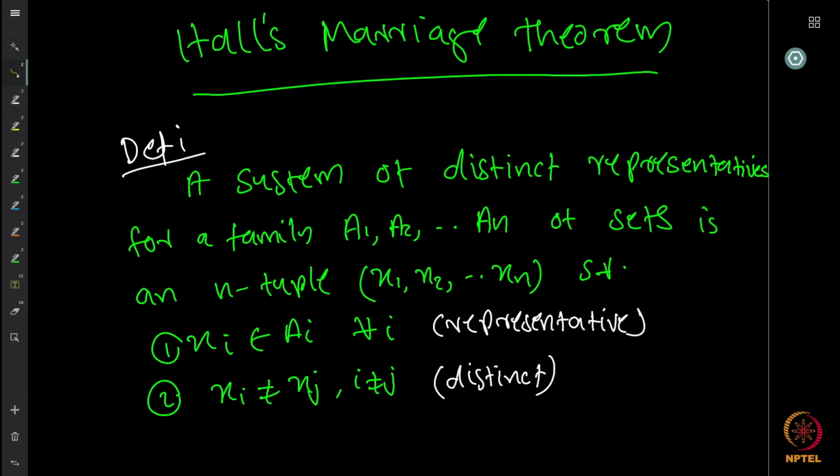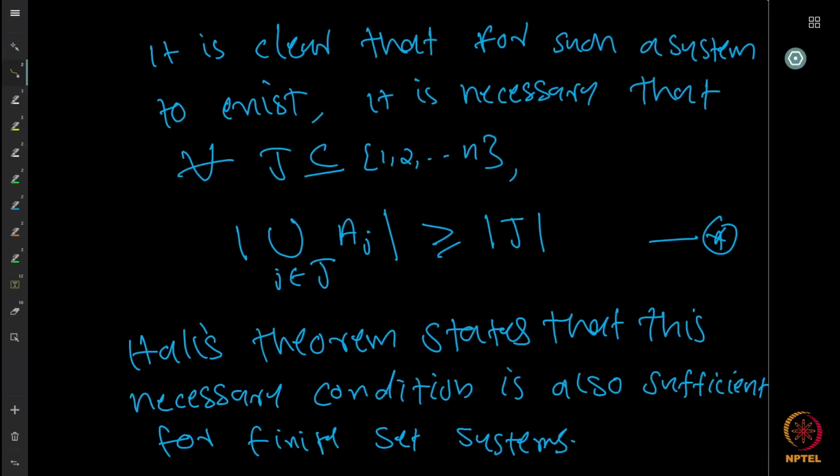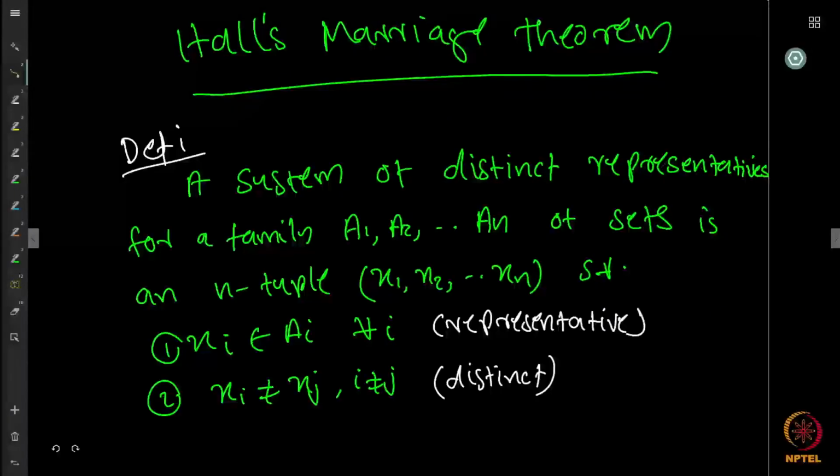Like 1 and 2 are used here, 2 and 3 are used there, 3 and 4 are used there, 1 and 4 are used here, 2 and 4 are used somewhere else, in different sets. Then the union of these 6 sets might have only 4 or 5 elements. In that case, you can definitely not find a representative for each set, because the total number of elements in the universe is less than the number of sets. You cannot find distinct representatives.